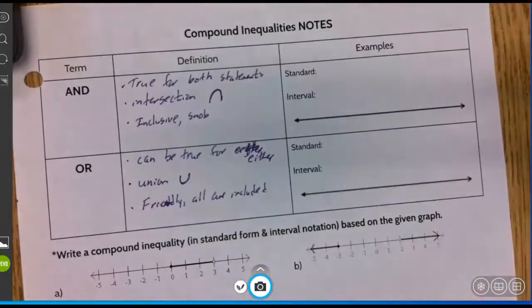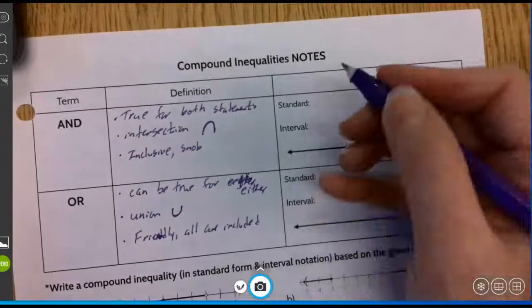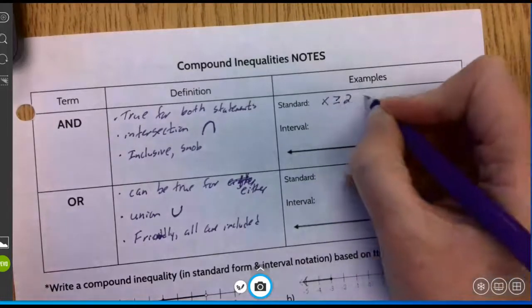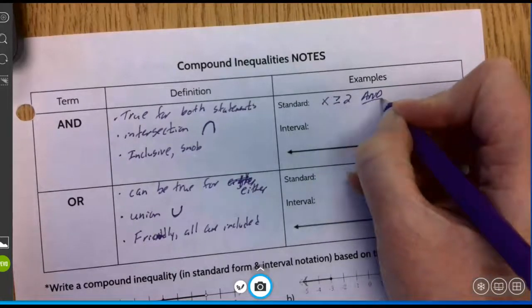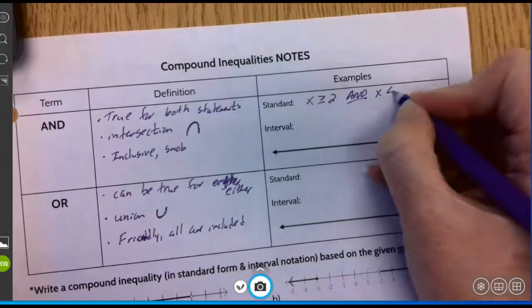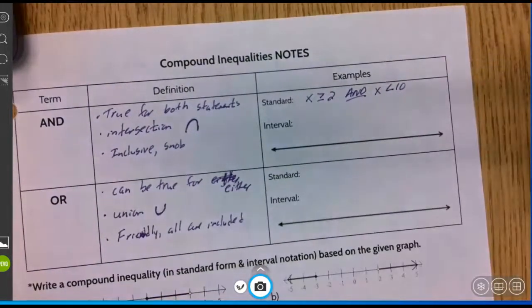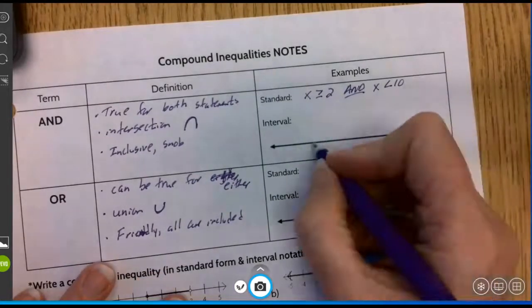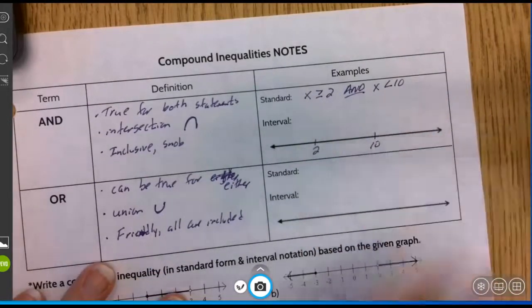Okay? So the way we see it in standard notation or set notation is x is greater than or equal to 2, and x is less than 10. Now I want you to look at the graph of this before we go any further. So here we go, 2 is down at this end, 10 is up here.